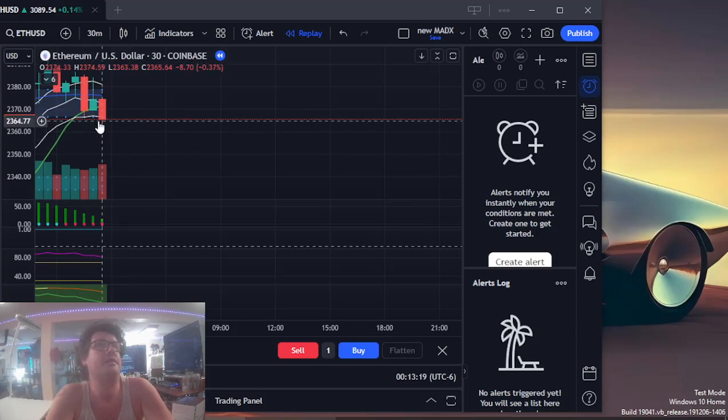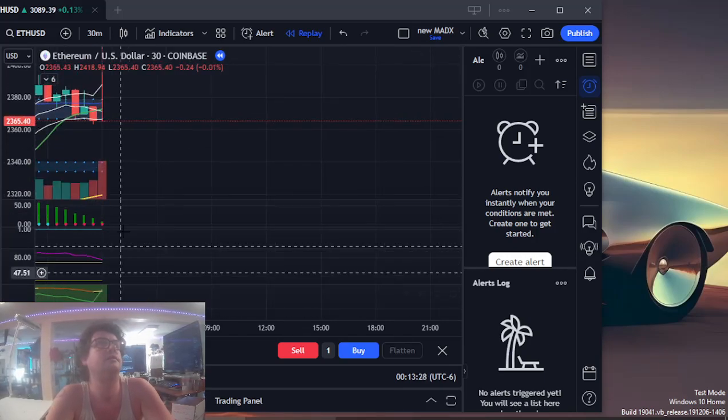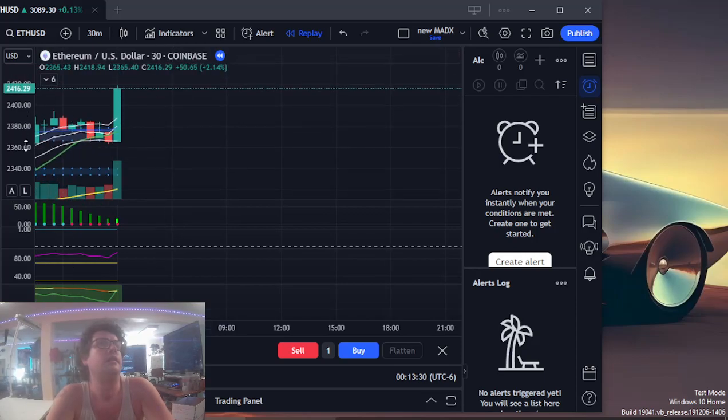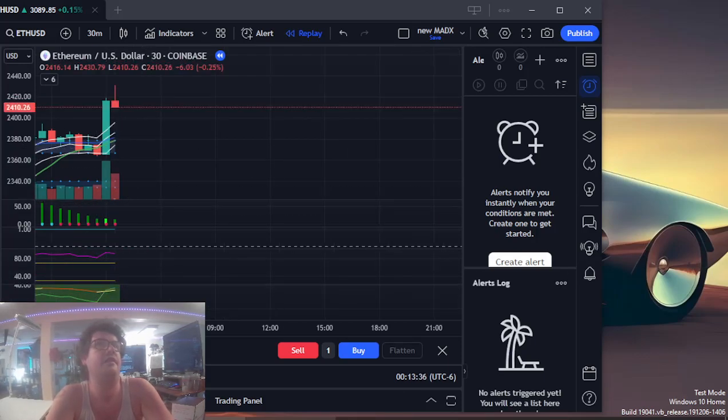Alright, so let's see here. 1, 2, 3, bad RSI. That does not fit. Okay, so confident direction there, but the other stuff doesn't fit.